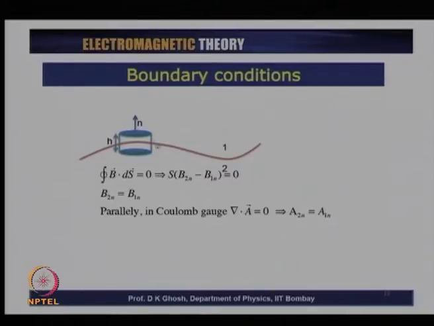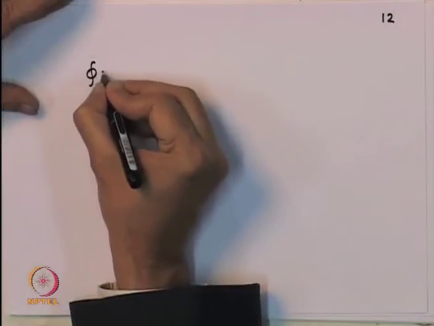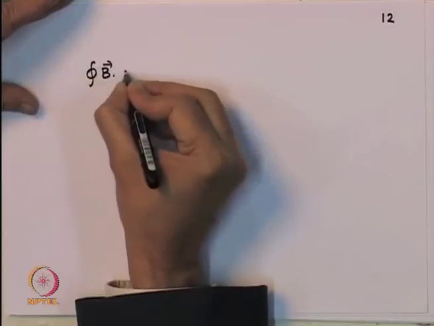So, this is an arbitrary interface between the medium 1 and the medium 2. Now, I know that del dot B equal to 0, alternatively I have B dot d s equal to 0 over any closed surface.